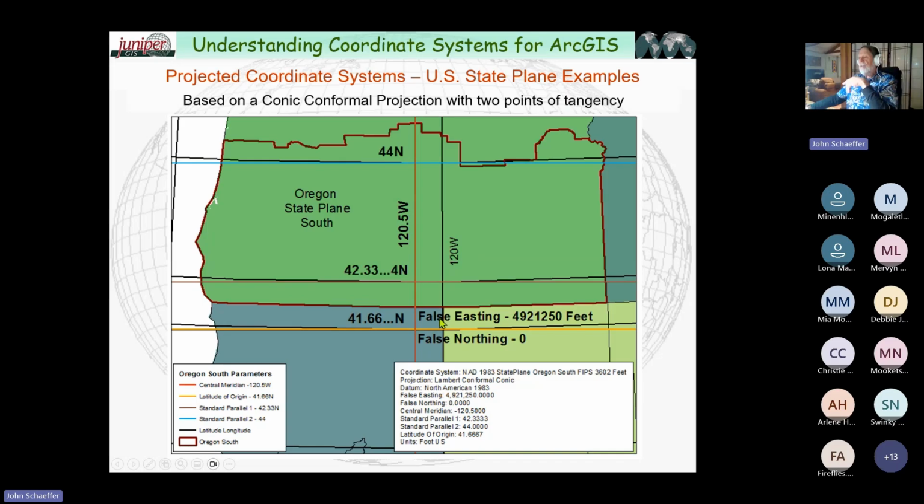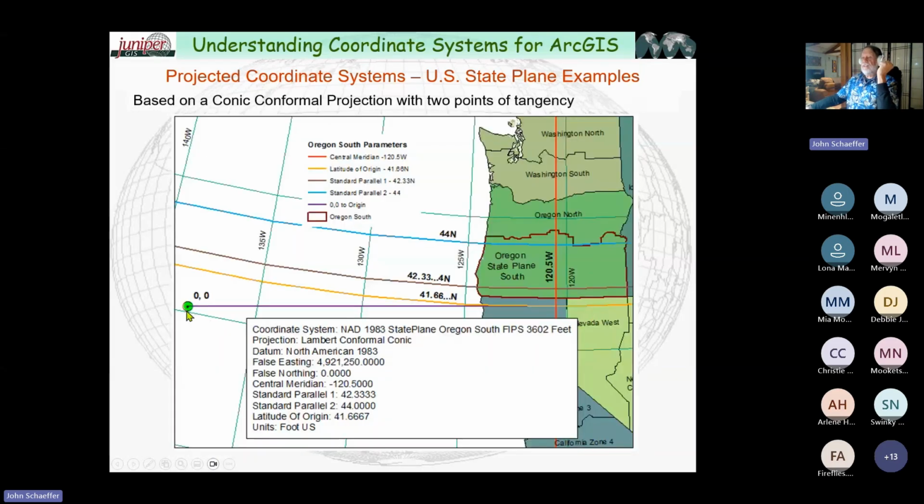Now, false easting, 4,921,250 feet. Well, let me show you what's really happening there. This is my 0, 0. And this is the false easting moves 0 way over here.